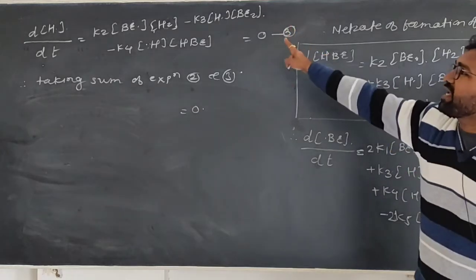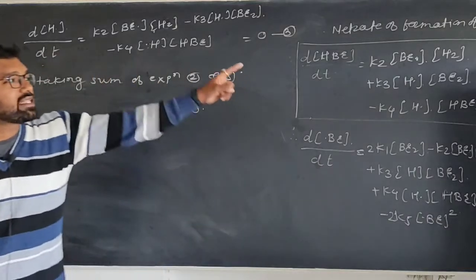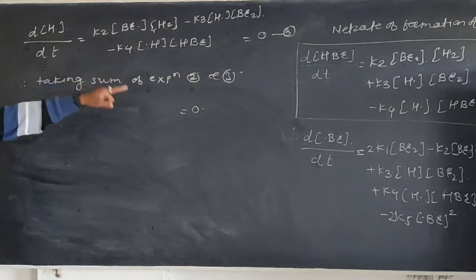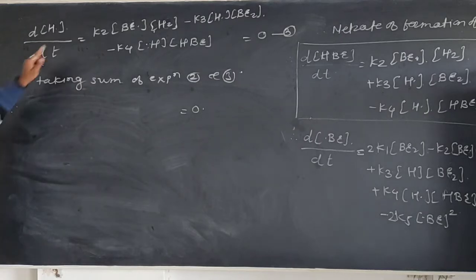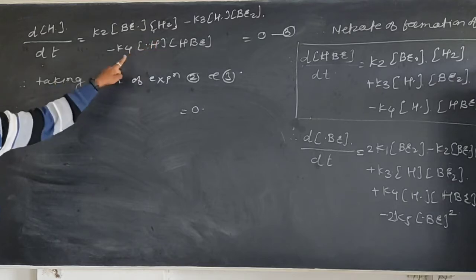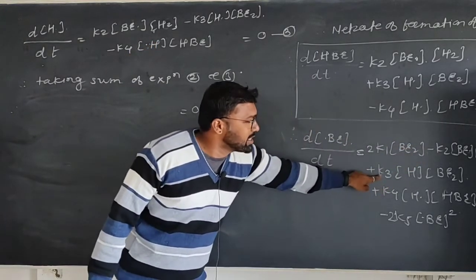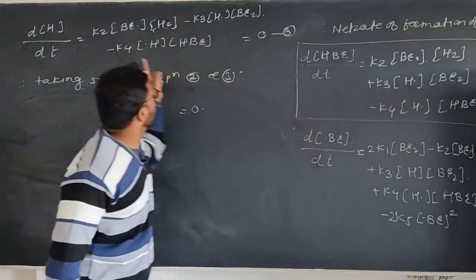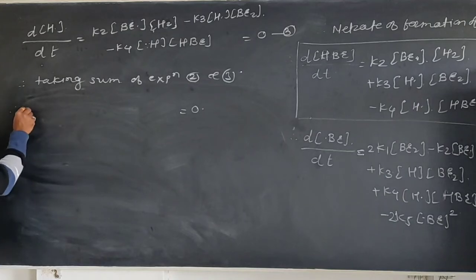That means K2, K3 and K4 are cancelled from this expression.